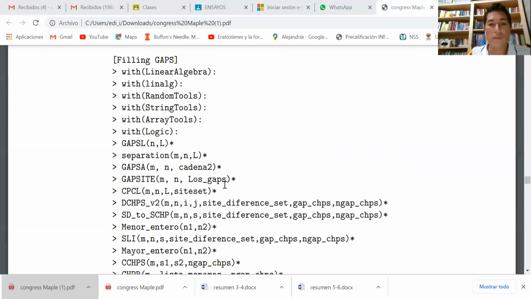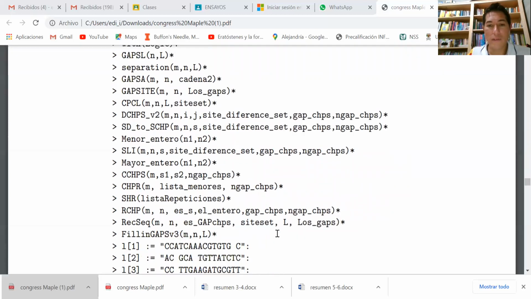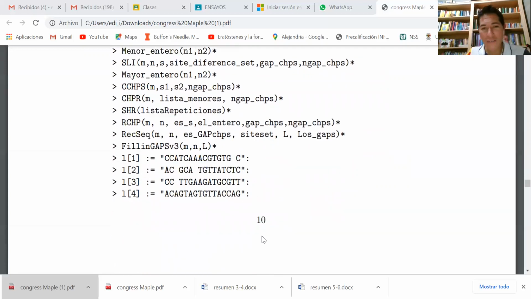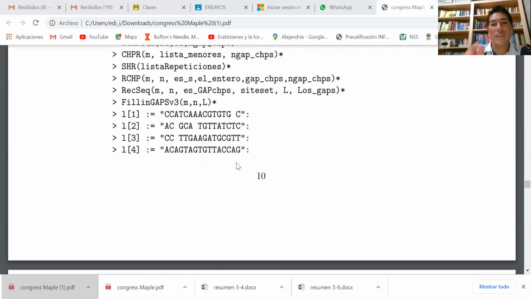I see 16 different procedures to fill the gaps. Okay, this was the most difficult part. But it is very necessary to fill the gaps on sequences to compute the Hadamard conjugation, because Hadamard conjugation assumes no gaps and assumes equally long sequences.